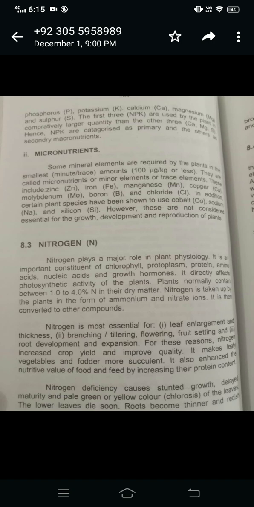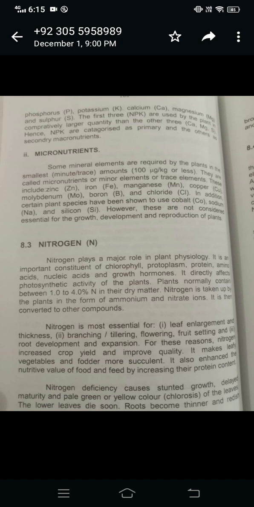The first three, NPK, are used by the plant in comparatively larger quantity than the other three, calcium, magnesium and sulfur. Hence, NPK are categorized as primary and the others as secondary nutrients.